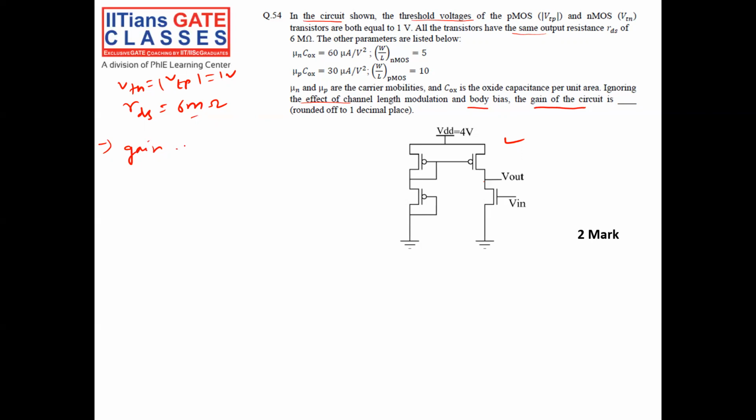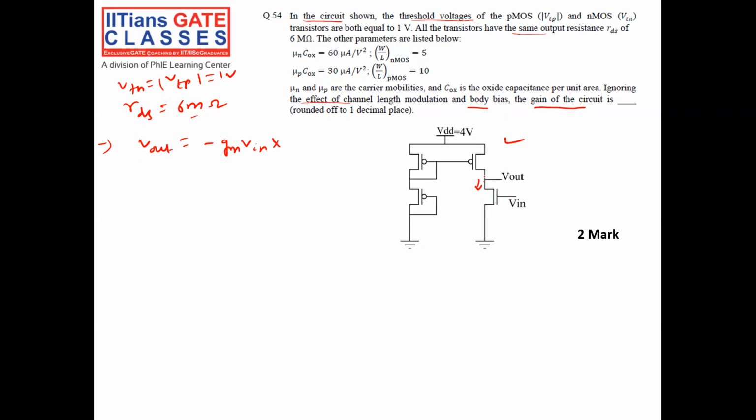Because I apply the input to the NMOS transistor, if I apply input Vin, then the small signal current will be gm into Vin, so my Vout will be equal to gm into Vin times the resistance.